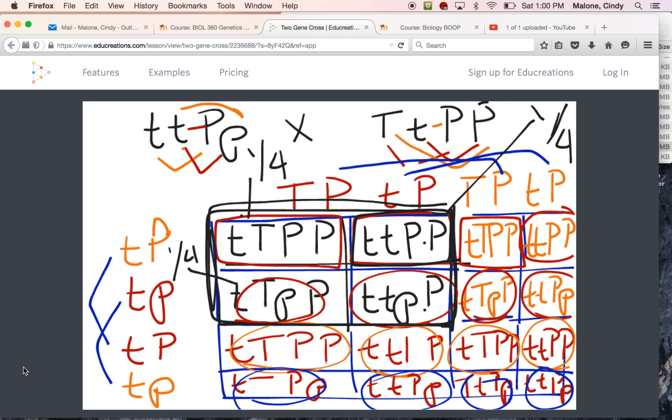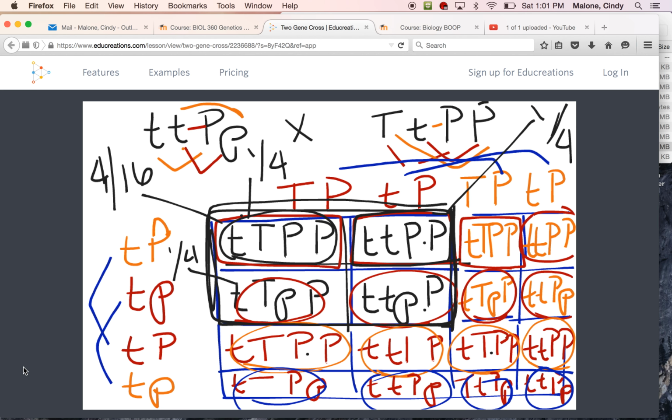If we add all the rest of them in and count all the ones that look just like this one, 1, 2, 3, and 4, 4 out of 16 look like this one.